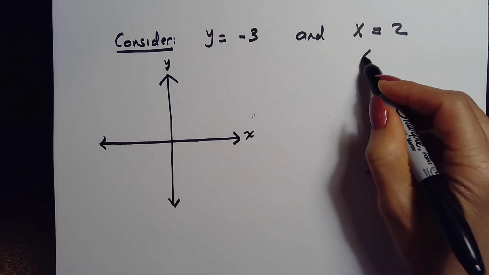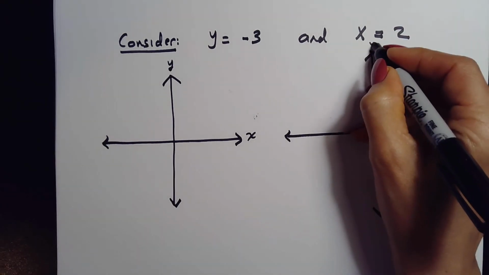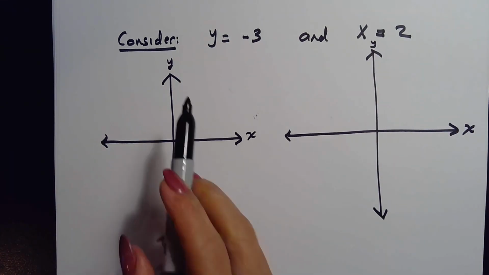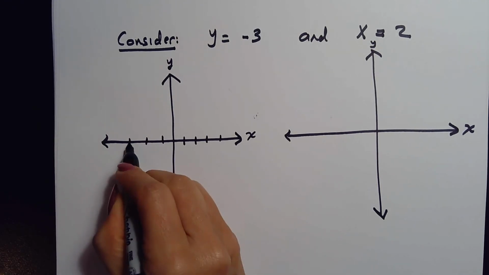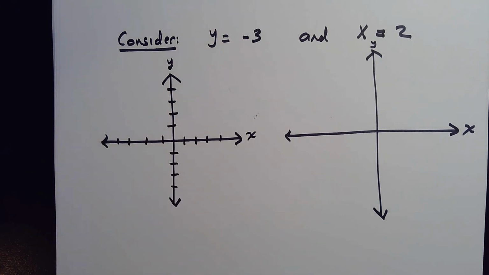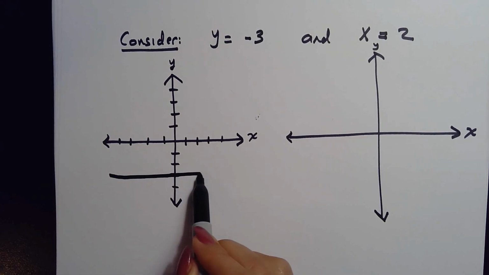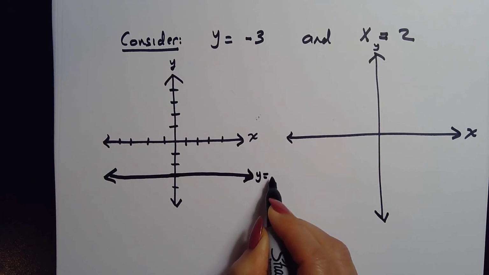And then we're going to talk about some facts about these 2 lines. Okay, so first let me graph y equals -3. You find -3 on the y-axis, and it's just going to be a horizontal line at -3. So this is y equals -3.